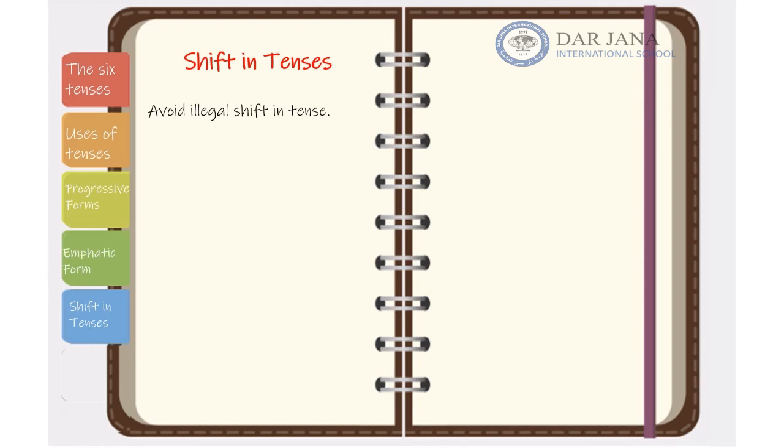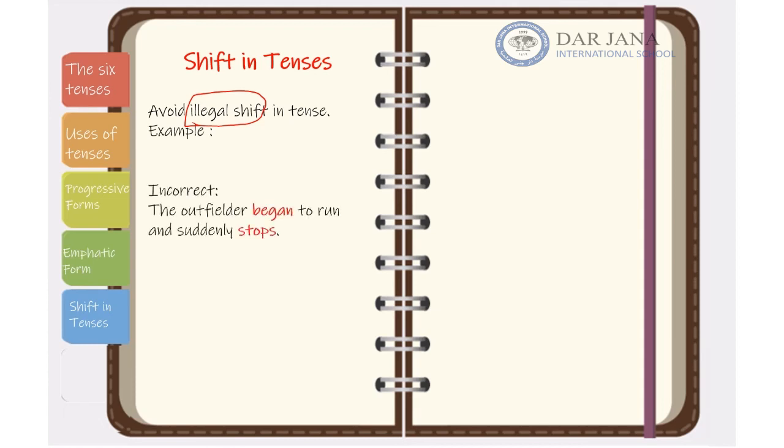But many times students do shift between the past and the present and the future and the perfect without actually showing the sequence there, without legally showing that sequence. And so we call this illegal shift. All right? Illegal, that it's not legal to shift that.